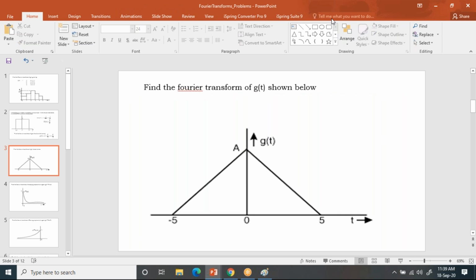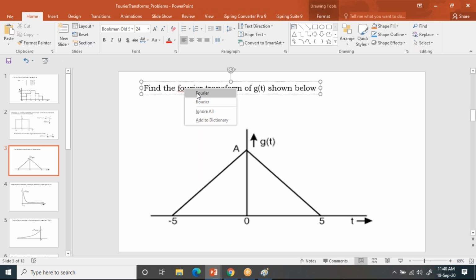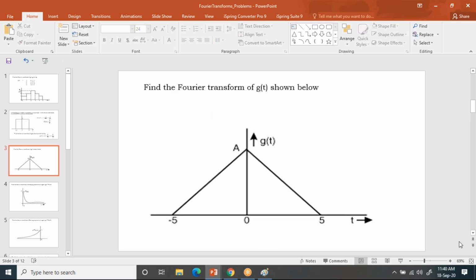Once after noting down, please post it in the chat box.